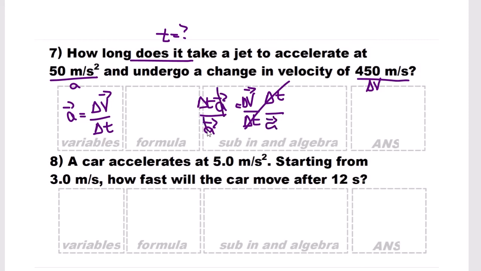This guy will cancel with this guy, and that'll leave me with delta t is equal to the change in velocity divided by the acceleration. I've got both of those numbers. The change in velocity was 450 meters per second, and the acceleration was 50 meters per second squared.